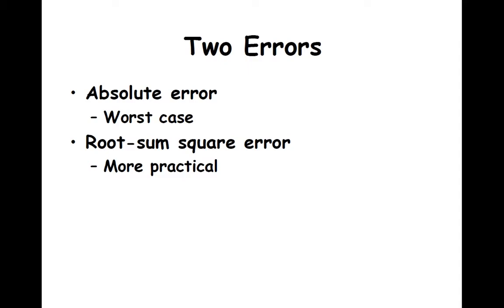Absolute error indicates the worst case. It is calculated with maximum error added to the measurement, which is unlikely to occur most of the time. The root sum square error is more practical, and we are going to discuss it more in the next slides.